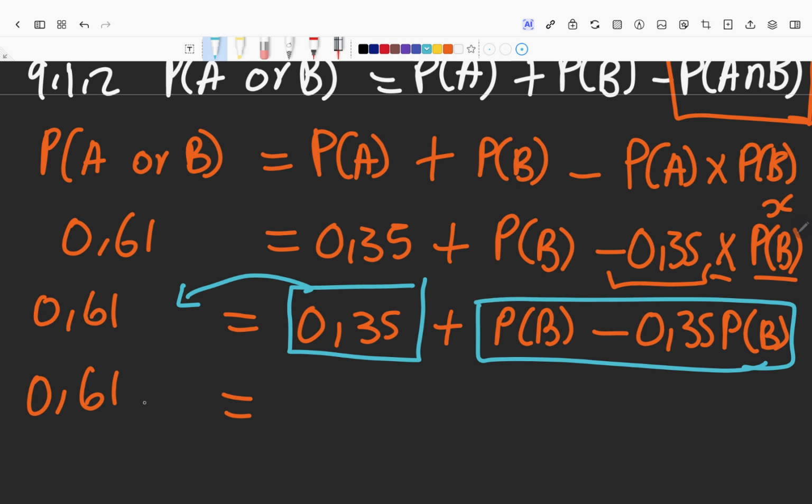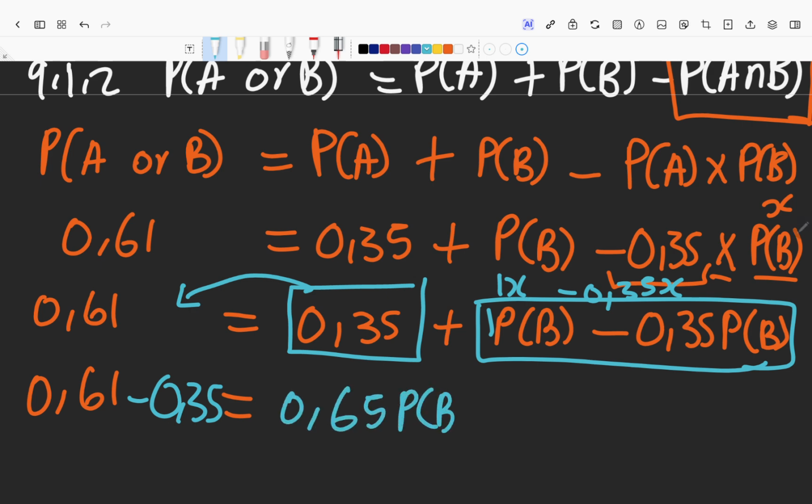So it's going to be 0.61 minus 0.35 equals, and then this one is 1, so it's going to be 1 minus 0.35, because I told you to take the probability of B as x, so it's basically 1x minus 0.35x. You kind of get it, I know. If you don't get it, don't forget to comment down below. So it's going to be 1 minus 0.35, which is 0.65, so 0.65 times the probability of B.